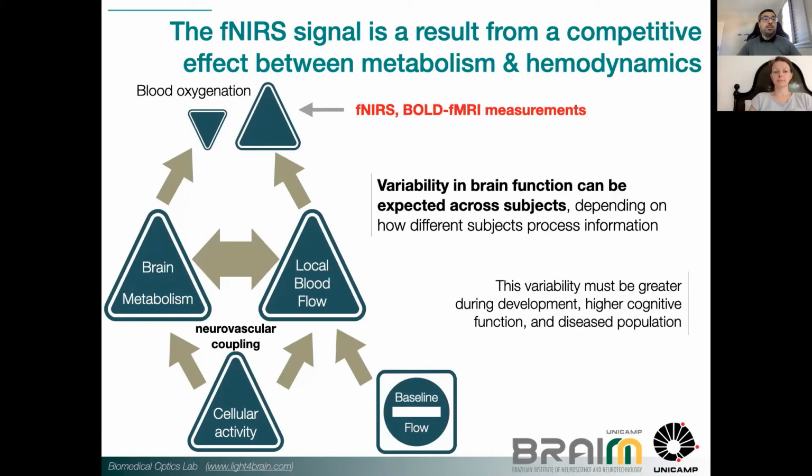So in every single situation like this, you do expect that there is a variability in brain function across different subjects, right? Just because of the way or where your signal is primarily coming from, and this competitive result from metabolism and flow. So this is something that we need to always keep in mind before we interpret group average data and we apply these group average results to individual subjects in a group, right?